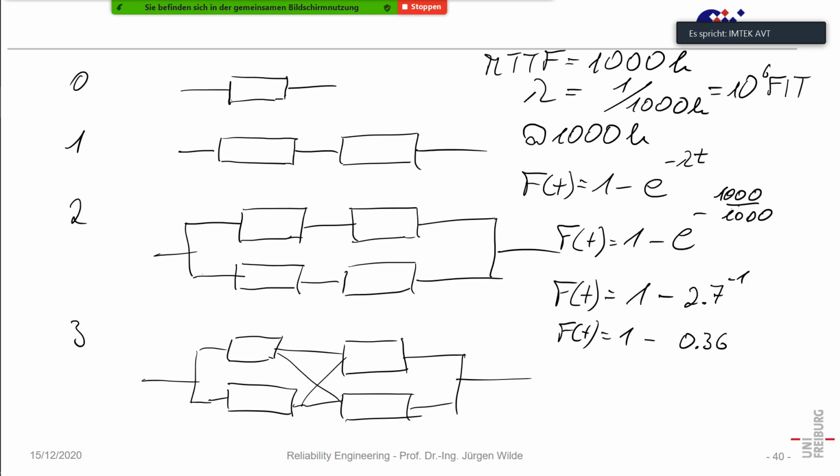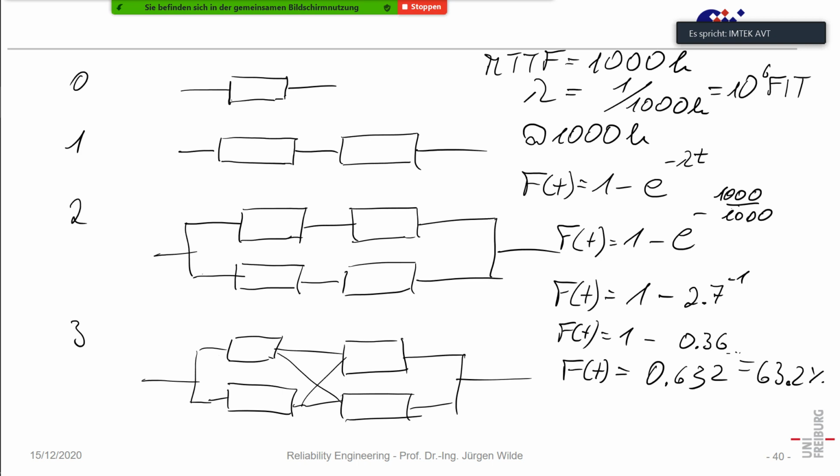So f of t is something 0.6. That's not quite correct. So it is 63.2%. Okay.